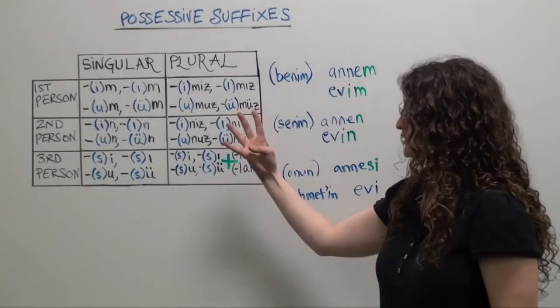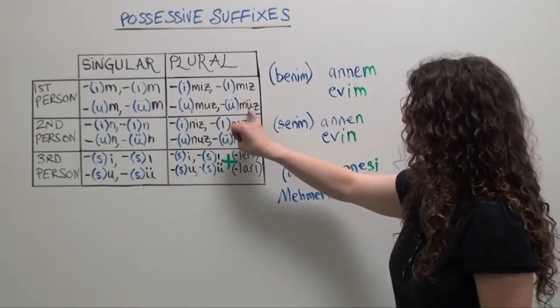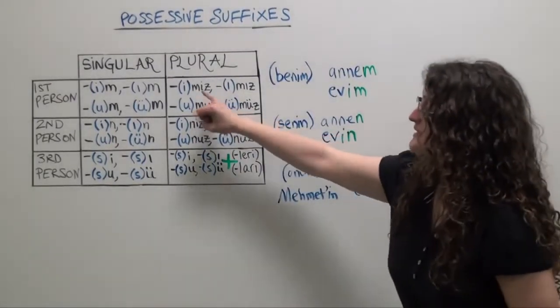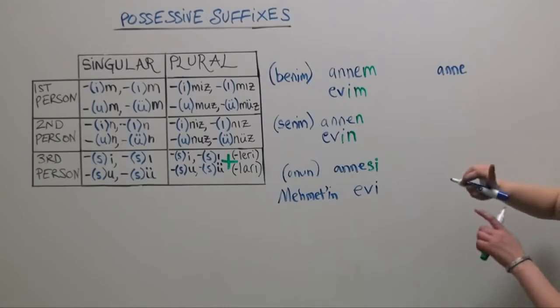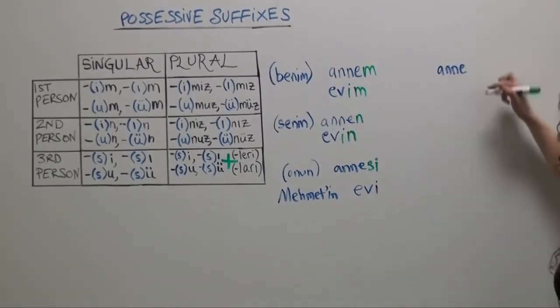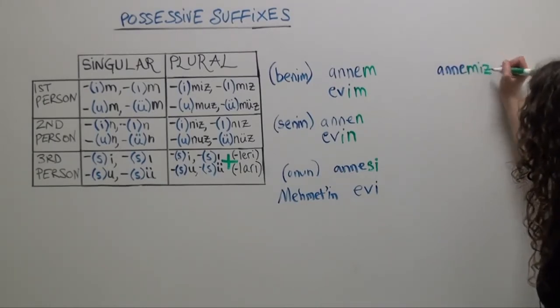You see we have four versions: miz, mız, muz, and müz. For anne, we're going to choose miz. And you see we have no need for the buffer vowel here because anne already ends in a vowel. So our mother, annemiz.